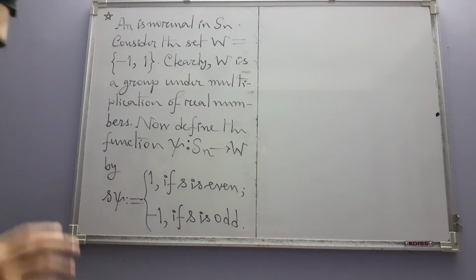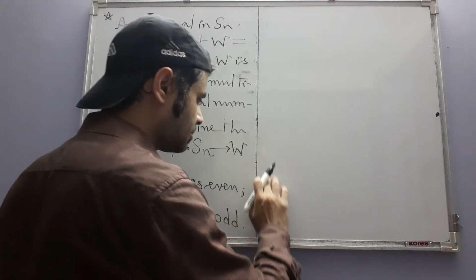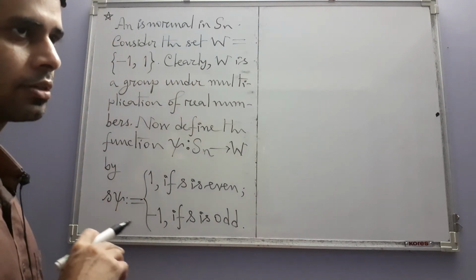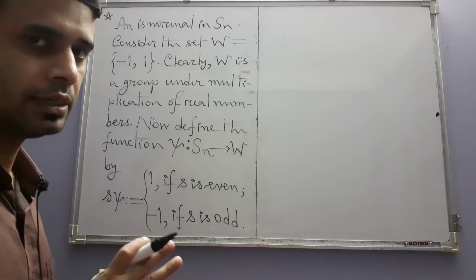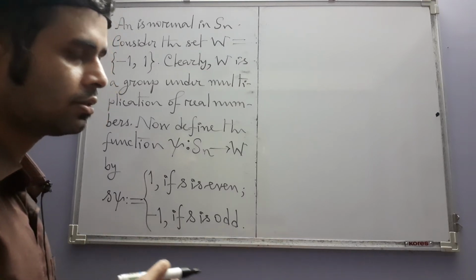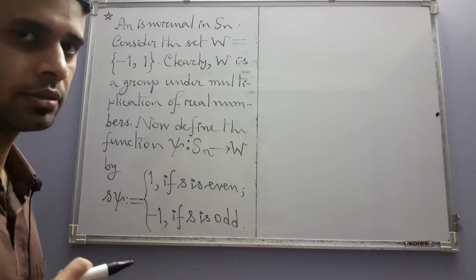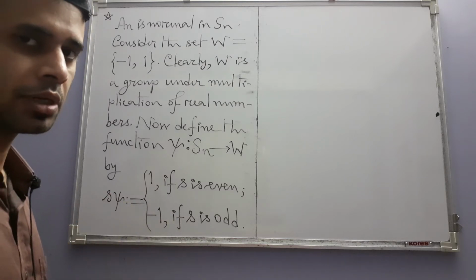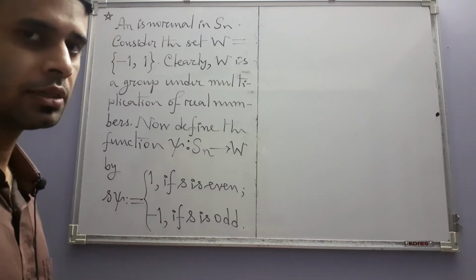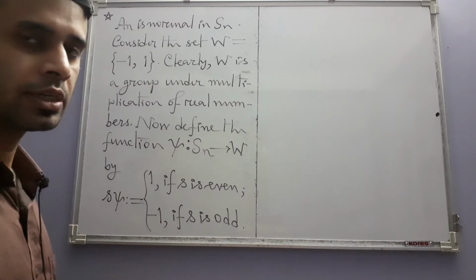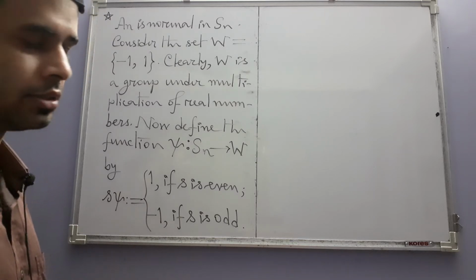Even permutations we have defined, and it is a fact that once you express a permutation as an even number of transpositions, that evenness does not change. The actual expression may change, and the number of transpositions involved may also change, but the evenness of those numbers does not change.